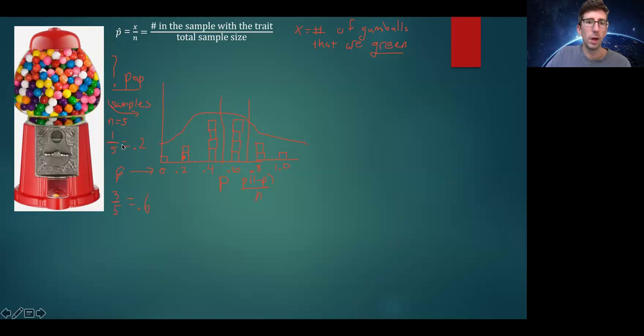We've sampled many, many times, right, at this point. And the more samples we take, the more p hats we calculate, the more normal this distribution of p hats will get.